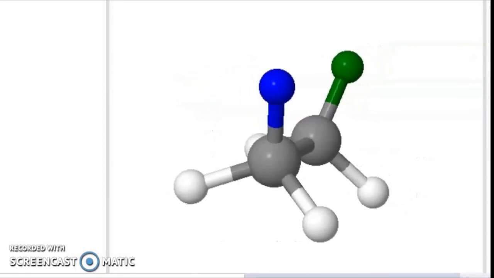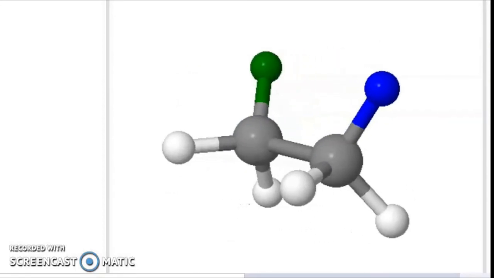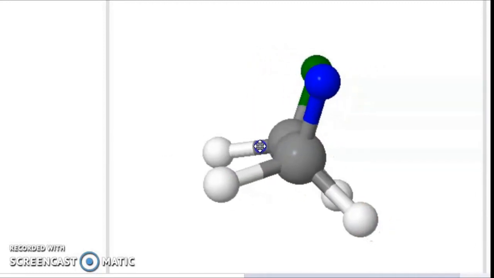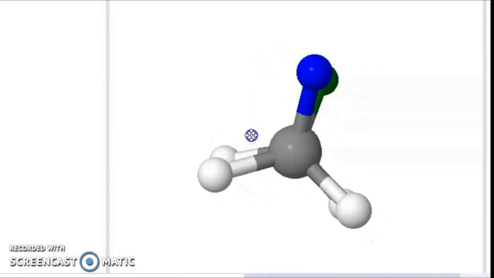This is the structure of ethane molecule, the Newman projection. Now this is the side view. Now coming to the front view, this is how it looks. Okay. Now the dihedral angle across the single bond here is what? It is 0 degree. And when the dihedral angle is 0 degree, we call it the eclipsed conformation. All right.